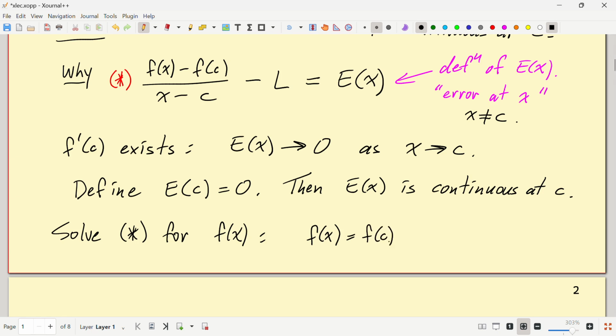F of c plus f prime of c times x minus c, f prime of c isn't defined yet, plus L times x minus c. And that's equal to, let's see, that's f of c plus E of x times x minus c.